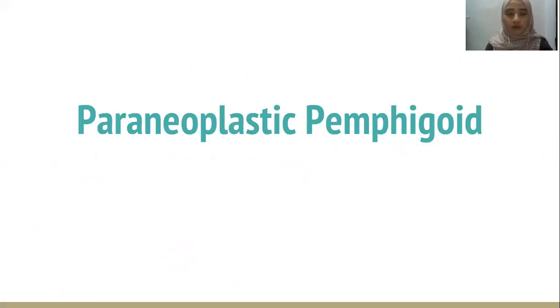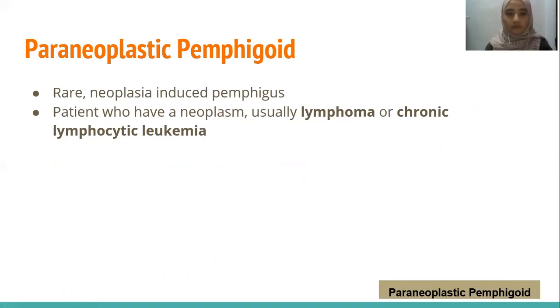Now, moving on with paraneoplastic pemphigus. It is very rare and it is neoplasia-induced pemphigus. It usually affects patients who have a neoplasm, which is usually lymphoma or chronic lymphocytic leukemia.